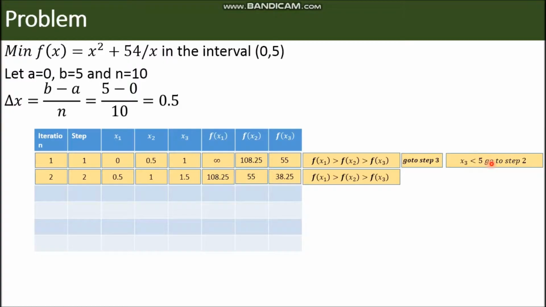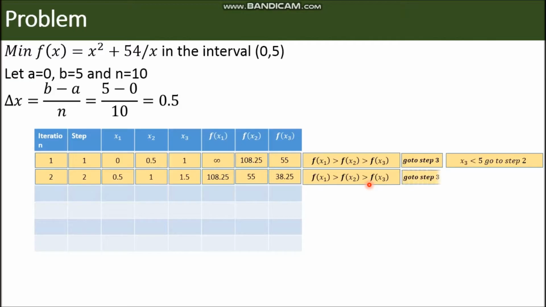We have not reached it, so we go to step 2 again. We substitute x2 in place of x1, x3 in place of x2, and we increment x3 by delta x, 1 plus 0.5 as 1.5, and substituting these x values in the function, we get these values, and the condition again is not satisfied.